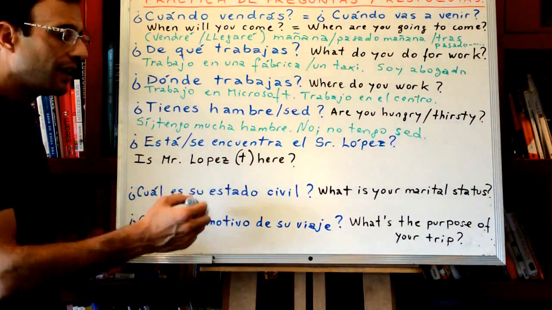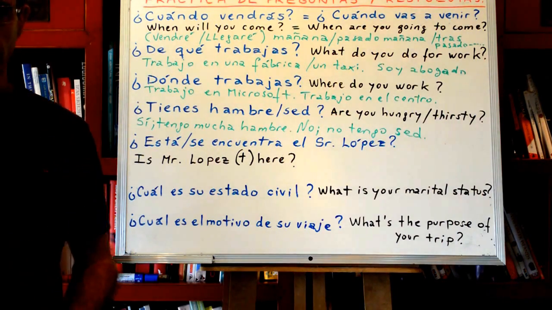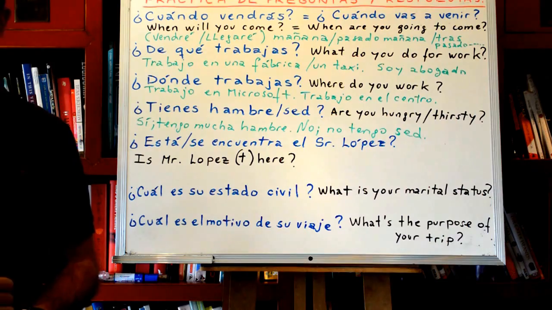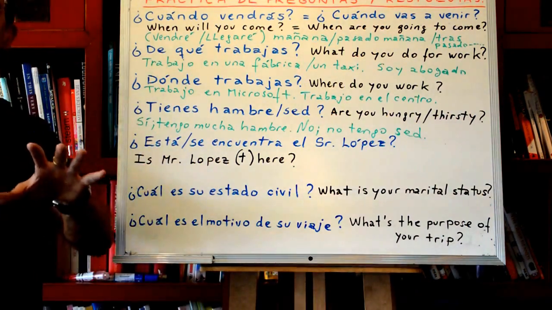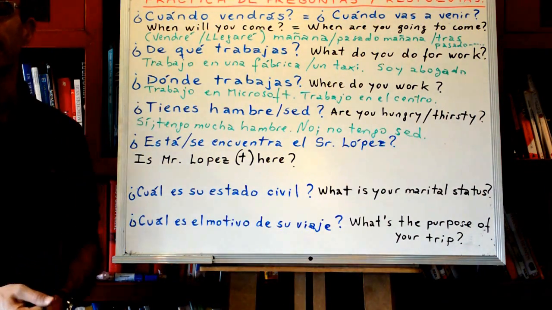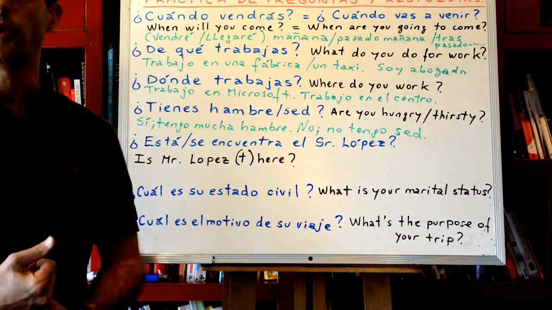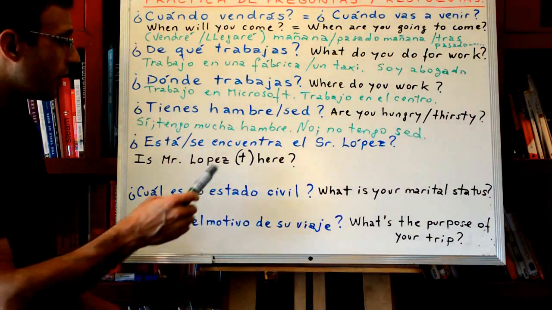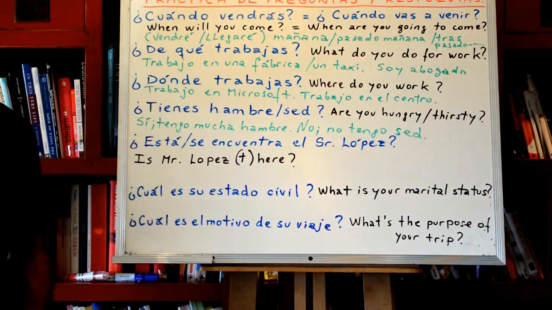Se encuentra is a little bit more formal, more educated or polite than simply saying está. Both are perfect, right? But if we are calling a client or something related with work, we would use this second form that is more polite, se encuentra, right?